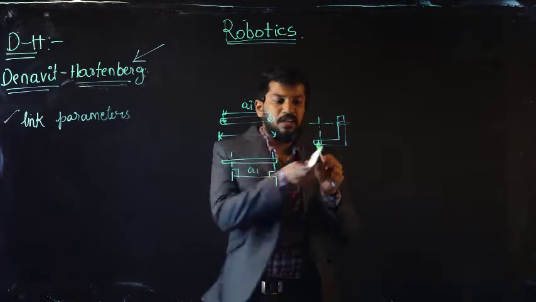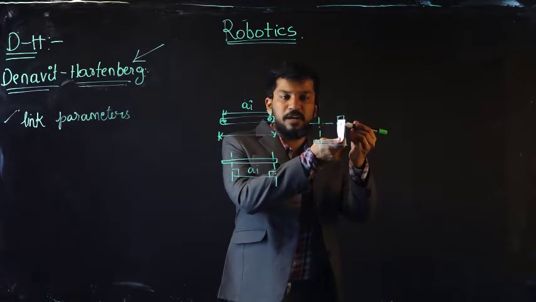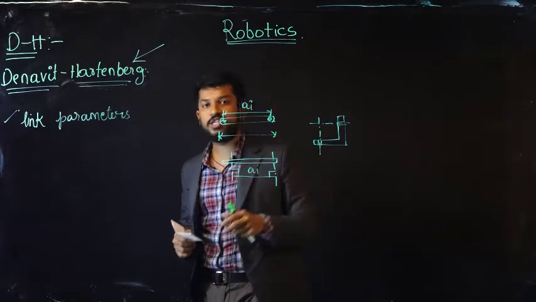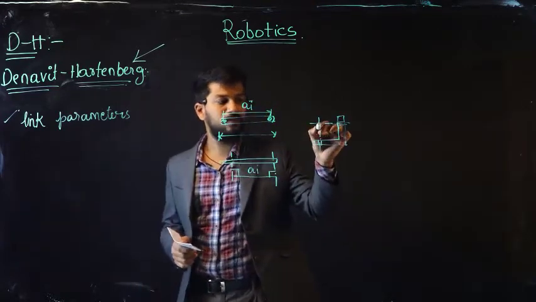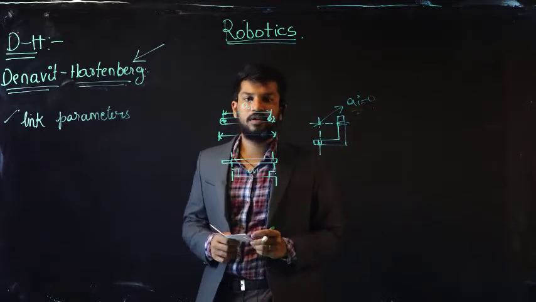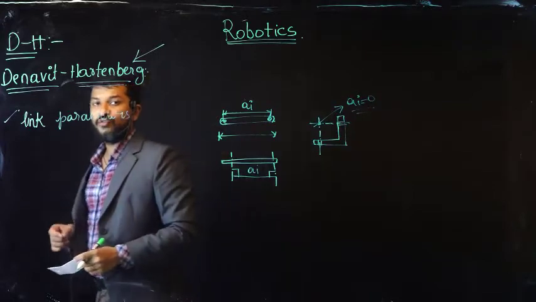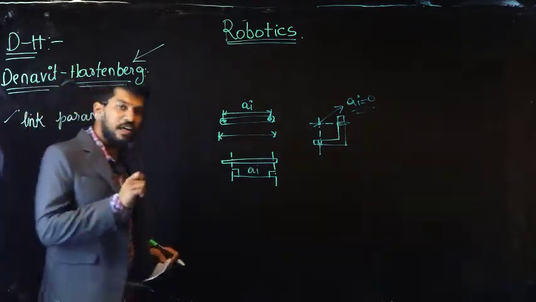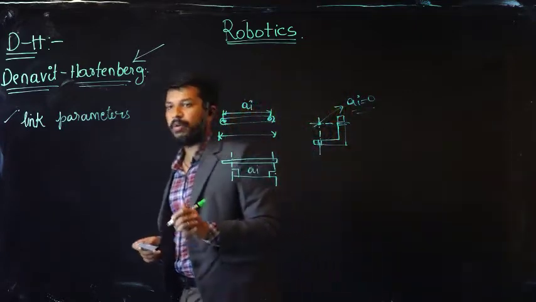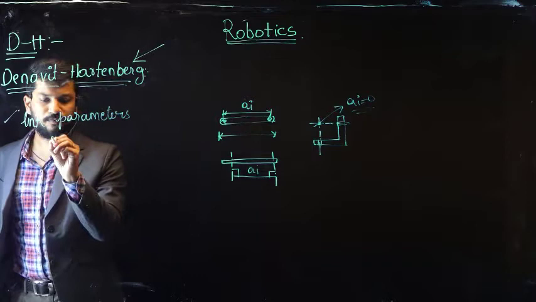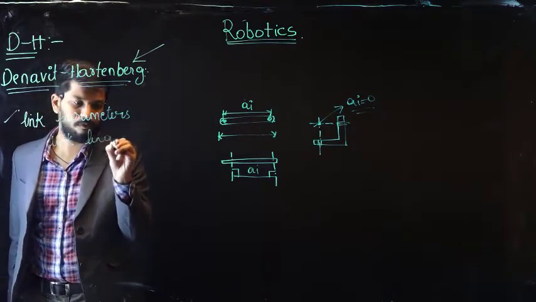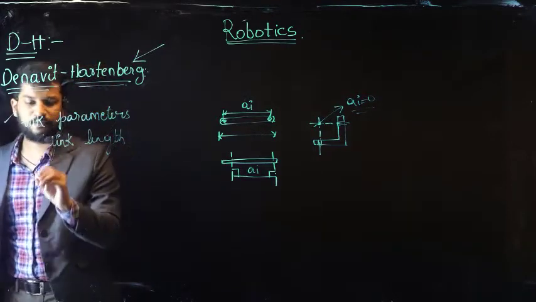If you observe clearly, the axis generated from this joint and the axis generated from this joint have no perpendicular distance between them. So obviously here a_i turns to 0. So surely there will be certain links that exist, but whose link length is denoted as 0. This was the first parameter, link length.